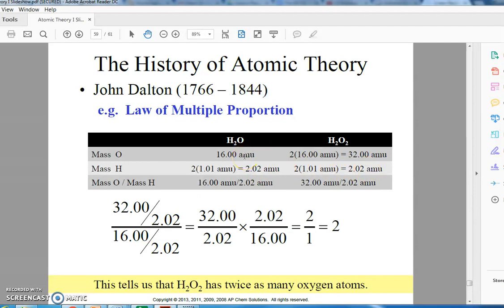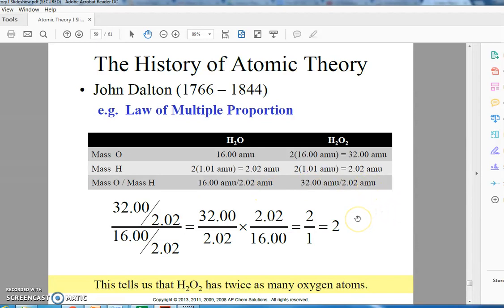So if we look at the ratio of oxygen to hydrogen in both of these, they're different, right? 16 to 2 in water and 32 to 2 in hydrogen peroxide. If we look at the ratio of these two to one another, we'll see that it equals a whole number. Okay? So the ratio of H2O to H2O2, this ratio to this ratio, equals a small whole number.